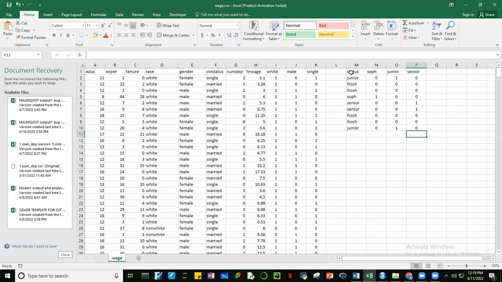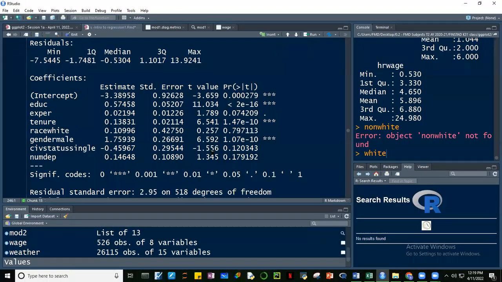So there should be at least 2 levels; it can be 3, 4, or more. Behind the scenes, we didn't do anything. We only said in our code to make race, gender, and civil status factors. But R generated the output race white.